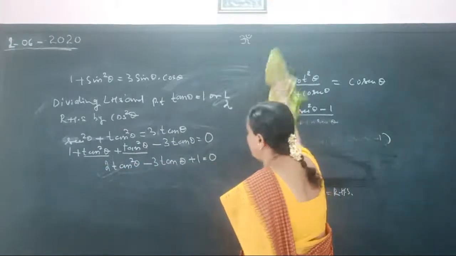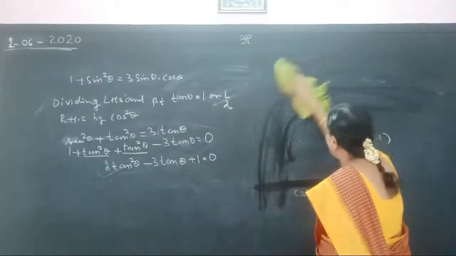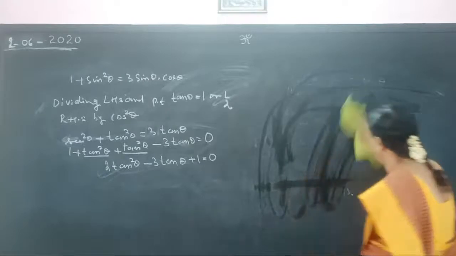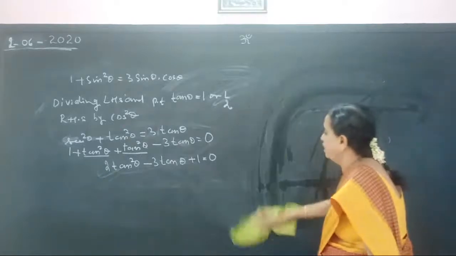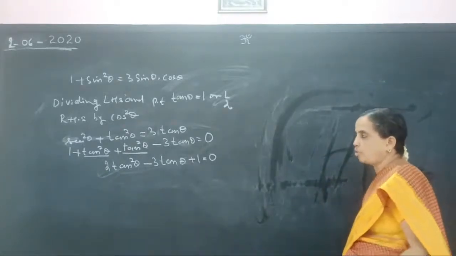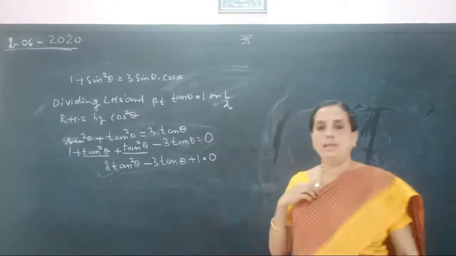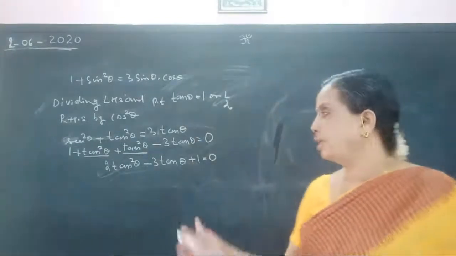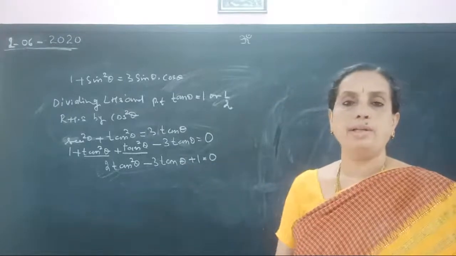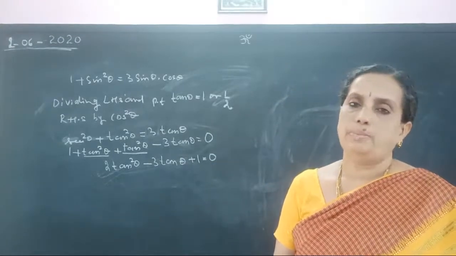When we get a quadratic equation, we can factorize it. It is a quadratic form, 2 tan square theta minus 3 tan theta plus 1. Like an algebraic equation, here we have the trigonometric ratios in the expression.